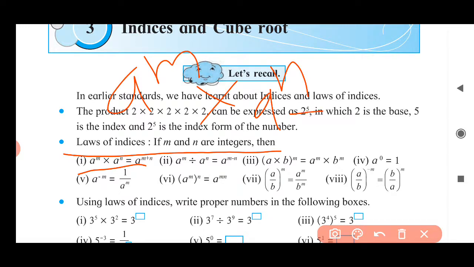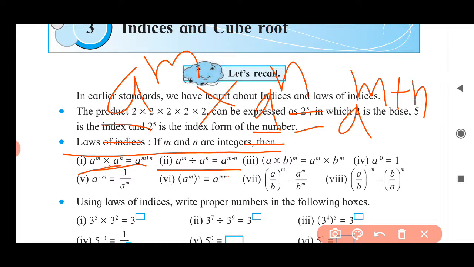Then what? a raised to m plus n: m number of a, n number of a is equal to a raised to m plus n. Okay, then a raised to m divided by a raised to n is a raised to m minus n.